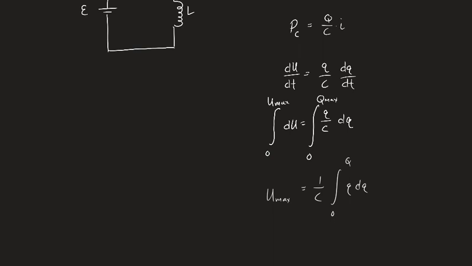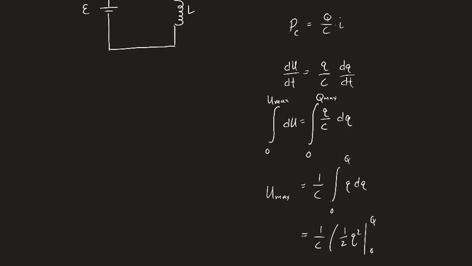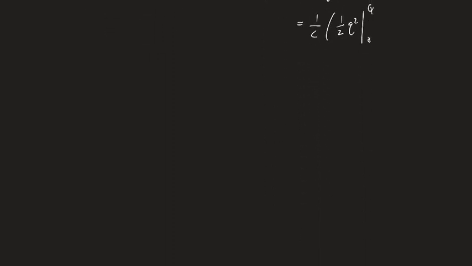So increase the exponent by 1, divide by the new exponent. Still good? All right, so this is not a surprise. We've used this before. This is 1/2 Q squared over C.